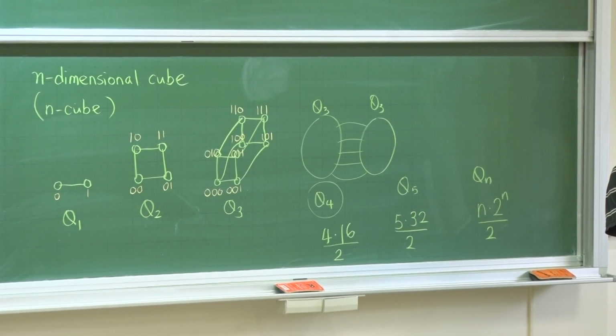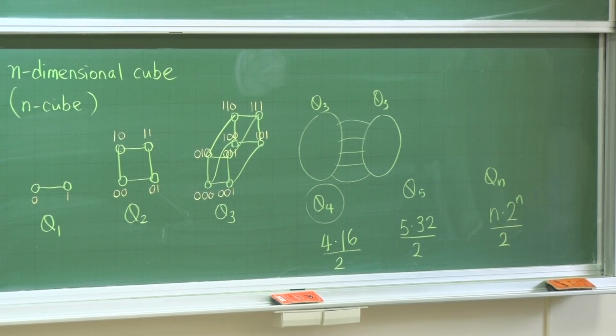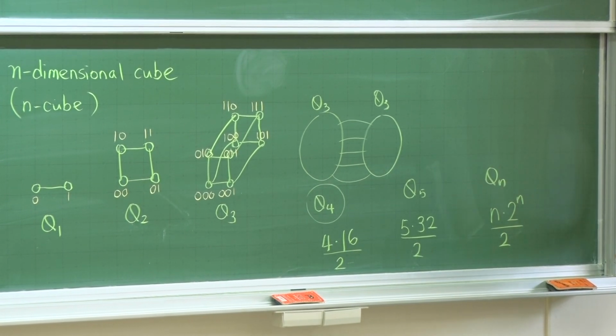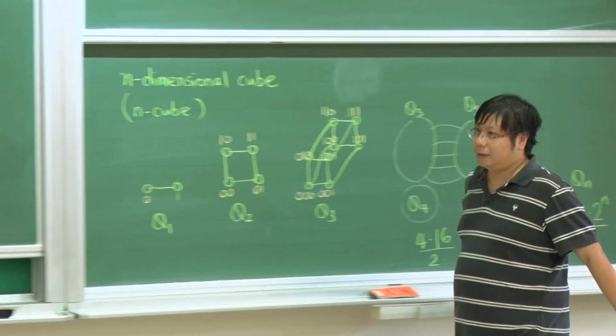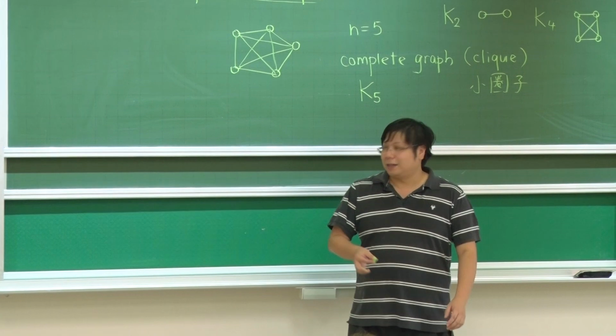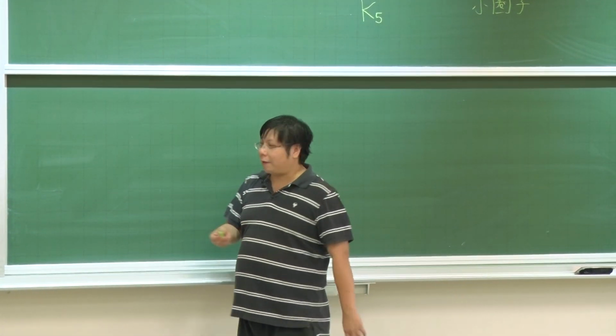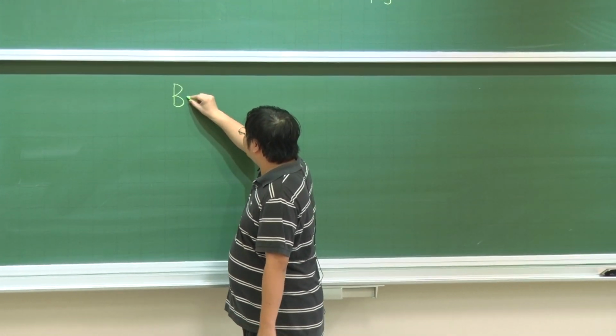Okay. And there is one more special graph. I will tell you about this and then ask you to think about it. There's another type of graph called a bipartite graph.